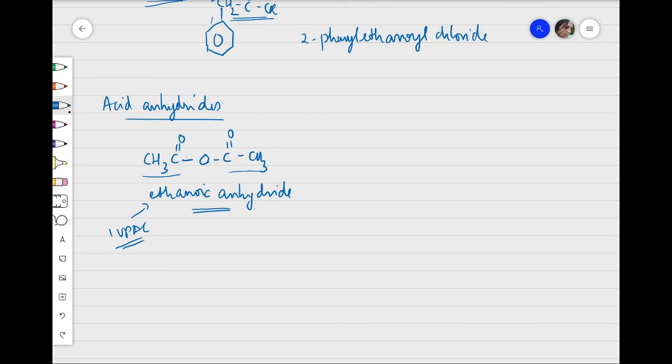Now suppose I had a mixed anhydride, that is CH3 C double bond O, and on this end I have one more. Here we take the bigger molecule, the one that contains the greater number of carbon atoms, as the main acid part.